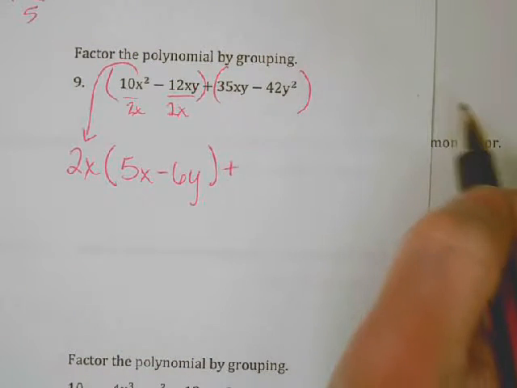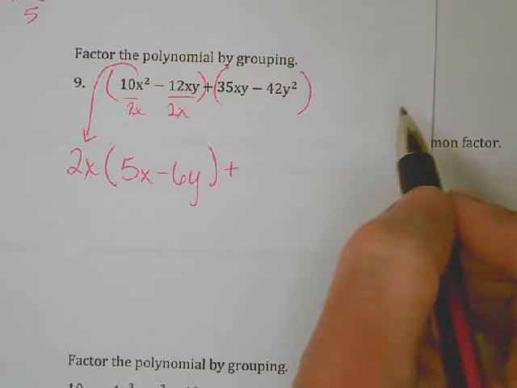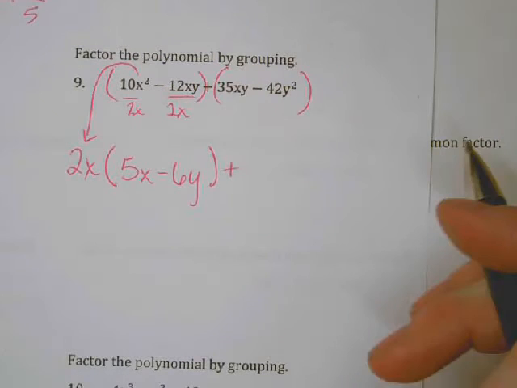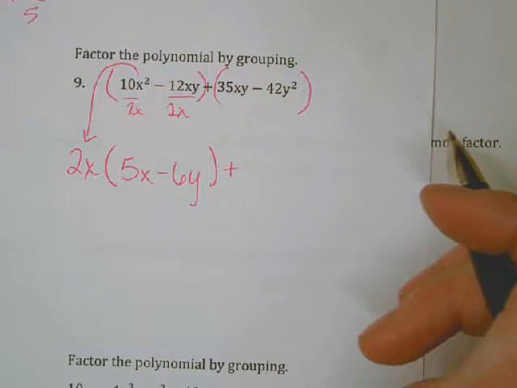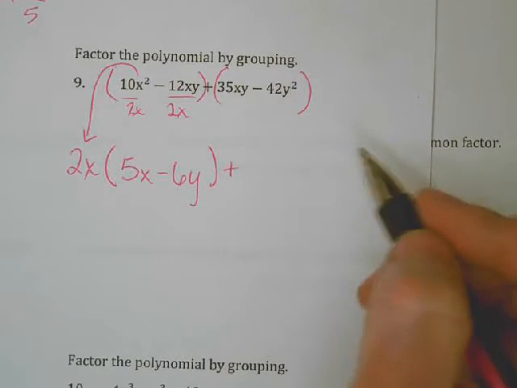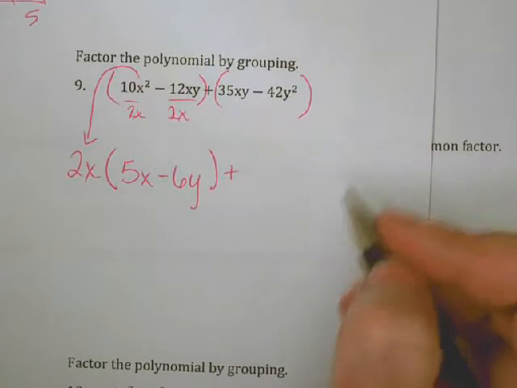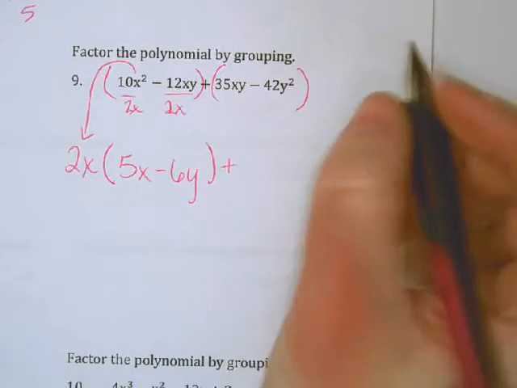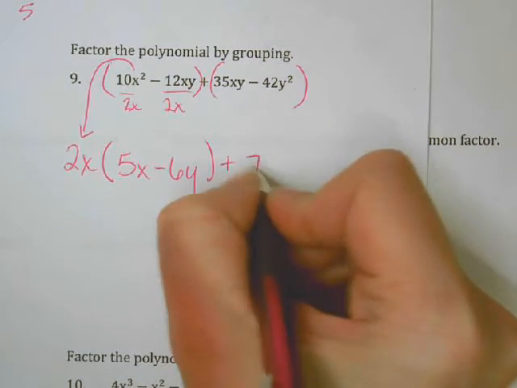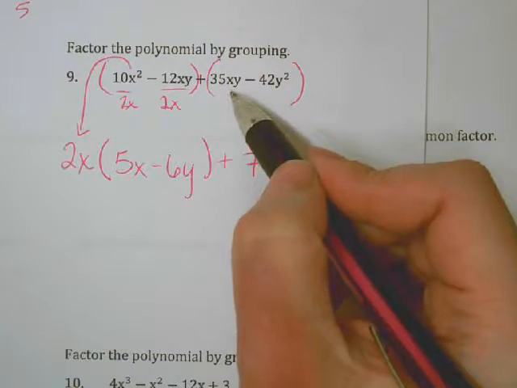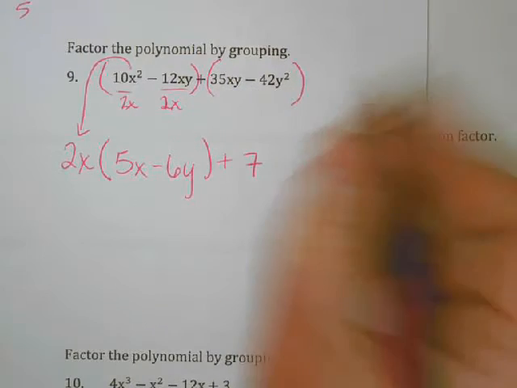35 and 42, if you were to factor all of those out, the greatest common factor with both those two numbers is 7. 35 divided by 7 is 5, and 42 divided by 7 is 6. So I'm going to factor out a 7. And then I'm also going to factor out a y.